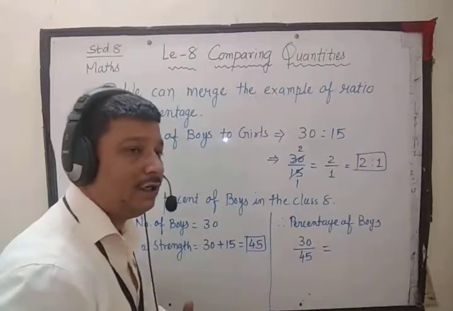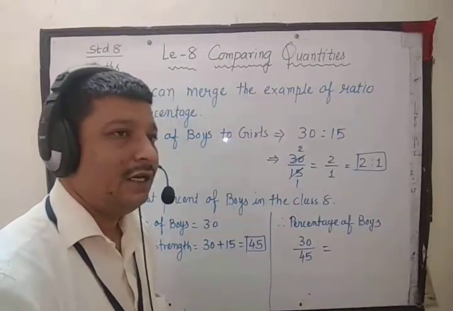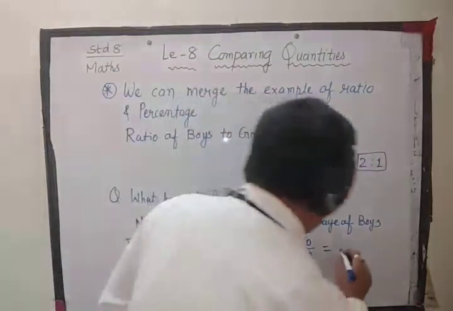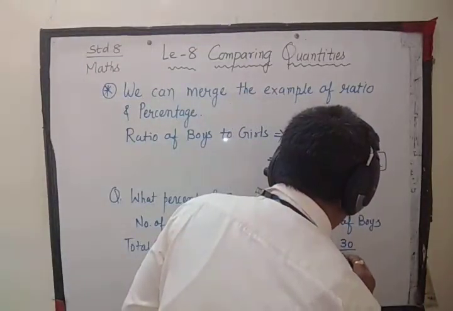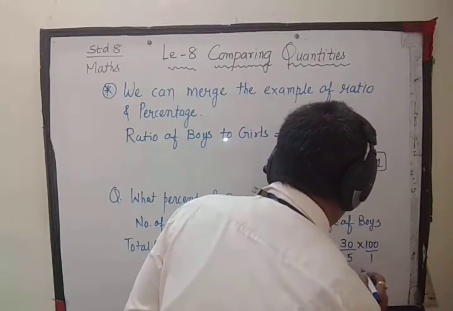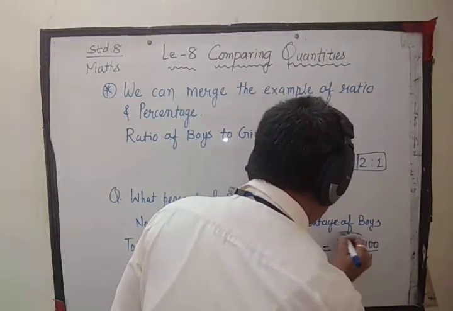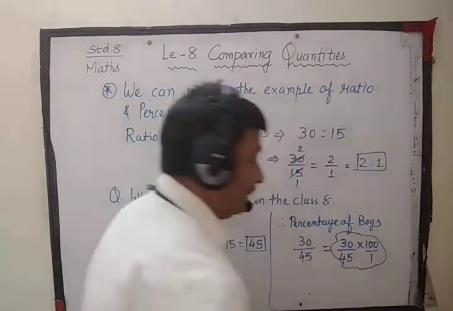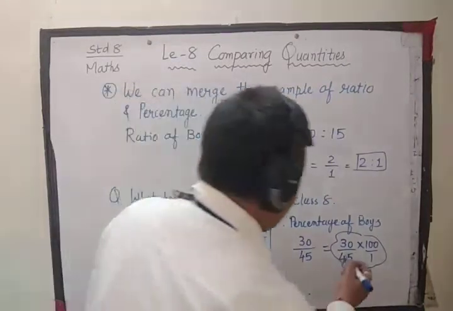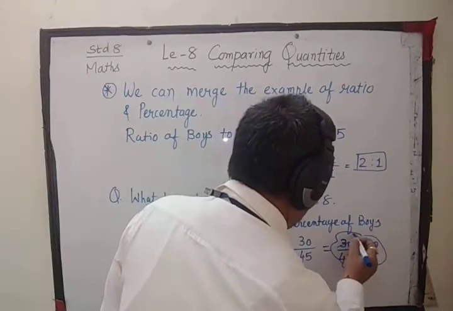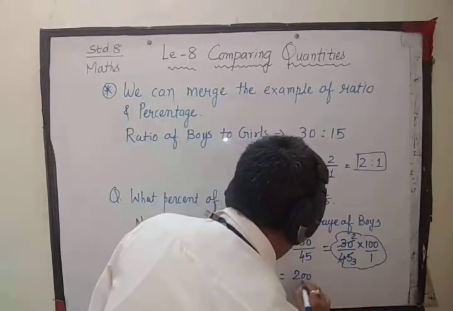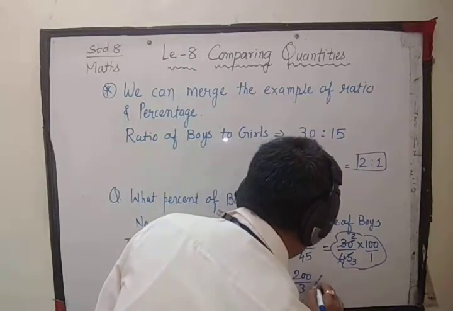Whenever we want to convert a fraction into percentage, we just need to multiply it by 100. So 30 upon 45 multiplied by 100. When you solve this, you will get the answer. Suppose 15 twos are 30, 15 threes are 45. You will get 200 out of 3%.